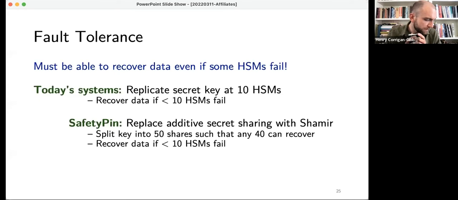The reliability of HSMs, we actually looked at this, and I'm not going to remember off the top of my head what, say, Google and Apple do in terms of rotating keys, but we expected HSMs to last, say, 3 years on average. If you have thousands of these HSMs in the data center, a fair number are going to turn over every month, but not so many that you can't handle it with this kind of Shamir secret sharing.